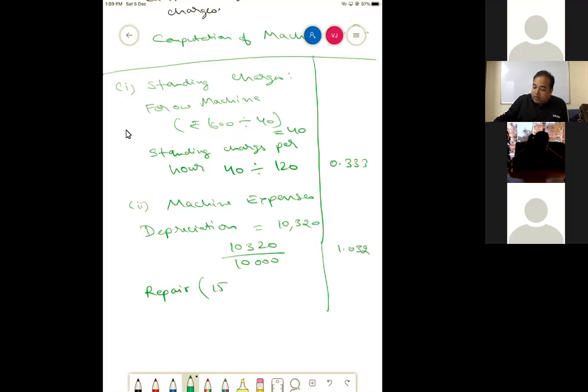Then next is your repair. Repair, again, you take the whole cost divided by its working life. So per hour you will get 0.150. The next is the power. Power, how much is being consumed? 6 units at the rate of 5 paisa.